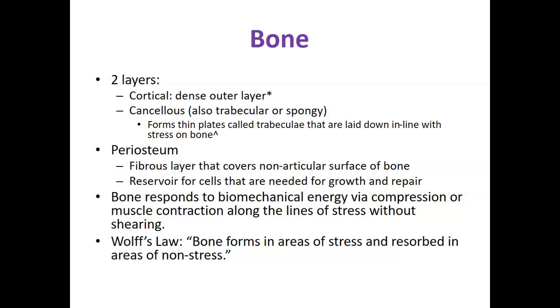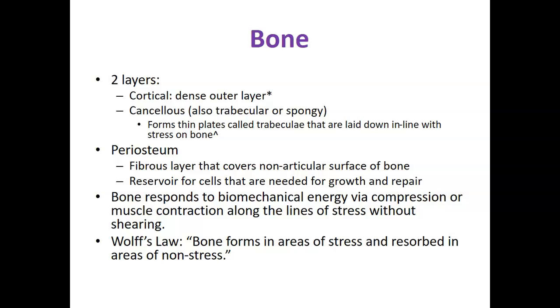So what is the implication about cortical bone being stiffer than cancellous bone? Which can withstand greater stress? Greater pushing, pulling, cortical or cancellous bone? Cortical. The cortical bone is denser.